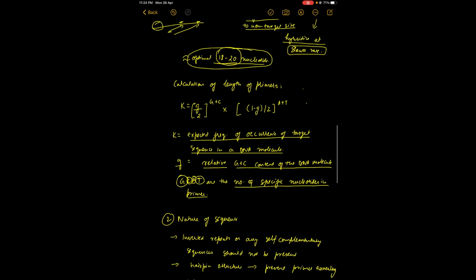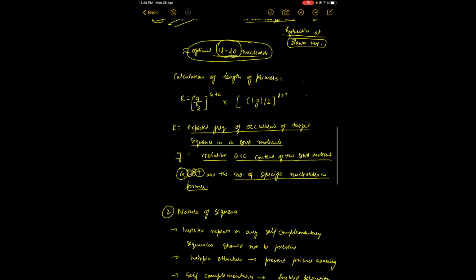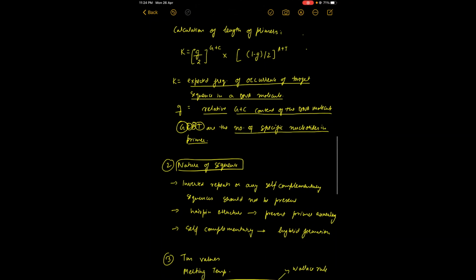After that, the second condition that is required for primer designing is the nature of the sequence. There should not be any inverted repeats or any self-complementarity.